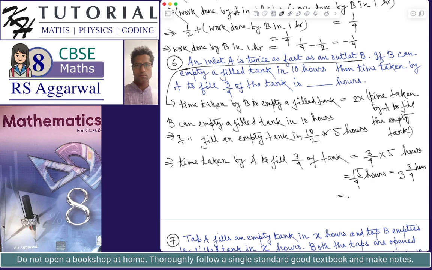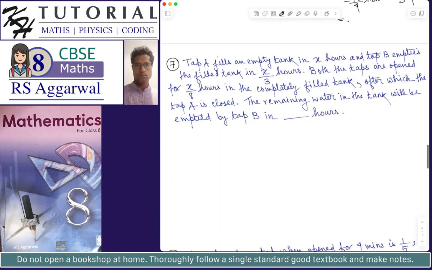Okay, let's do the next problem. Problem number 7. Tap A fills an empty tank in X hours and tap B empties the filled tank in X by 3 hours. Both the taps are opened for X by 8 hours in the completely filled tank, where tap B is an outlet and tap A is an inlet.